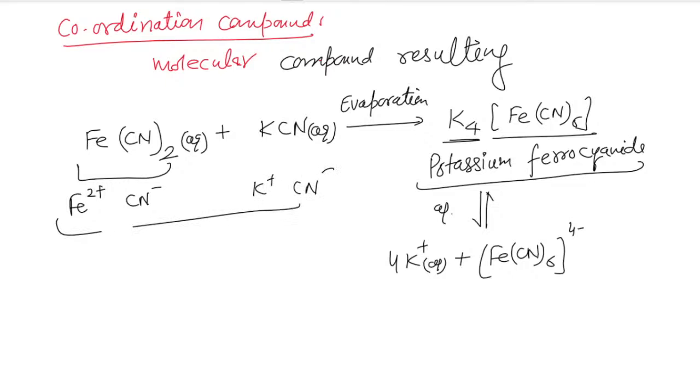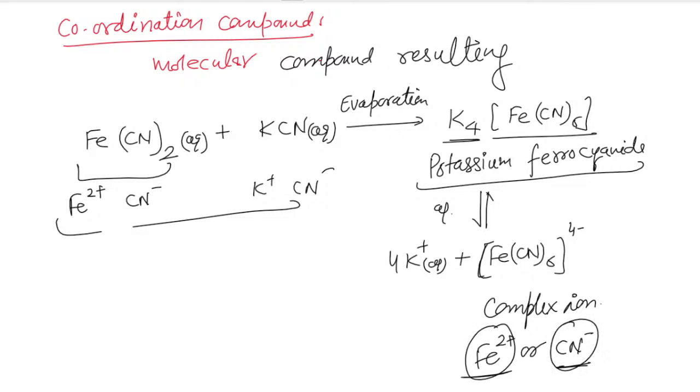But when the species are enclosed in this square bracket, this is called a complex ion. It is found to be very stable, and it does not give the test of Fe2+ or CN-.